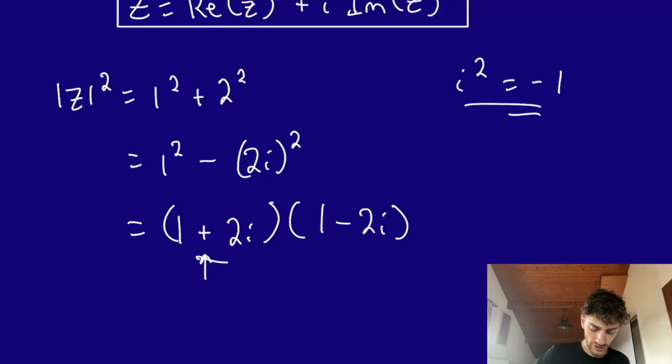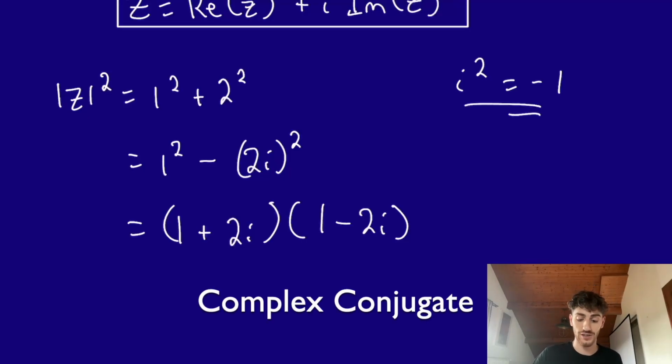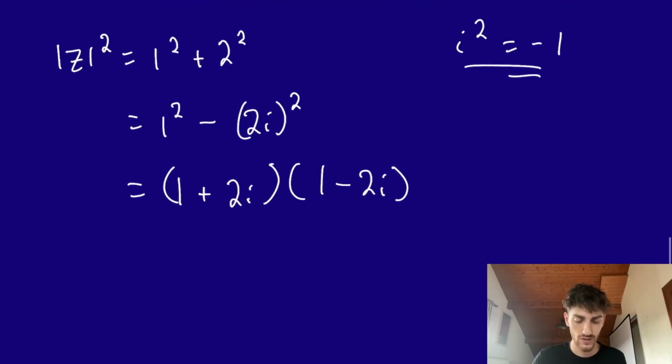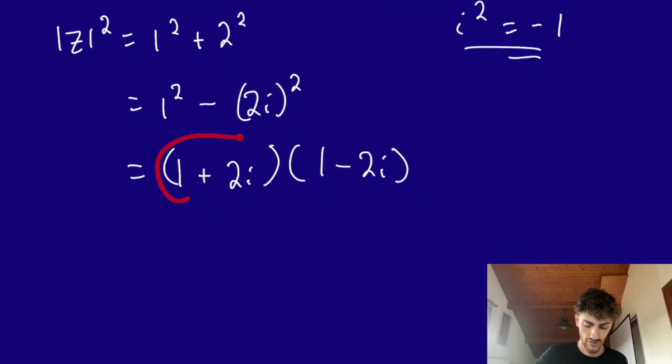Now this here is a special type of conjugate called a complex conjugate. Okay, a complex conjugate means that any term that has an imaginary number in it, that's the term that you switch the positive and negative. So if you do the complex conjugate of this, you find the term with an i in it, and then you switch the sign out front. So in this case, from plus to minus.